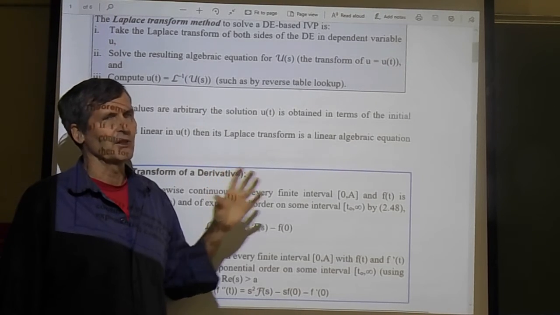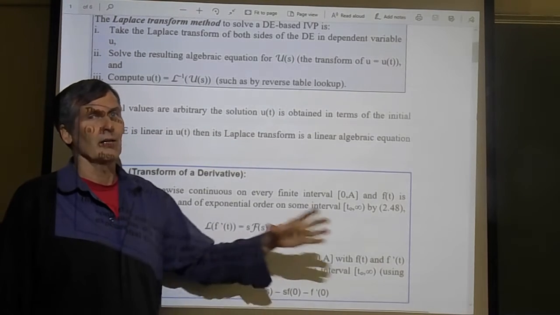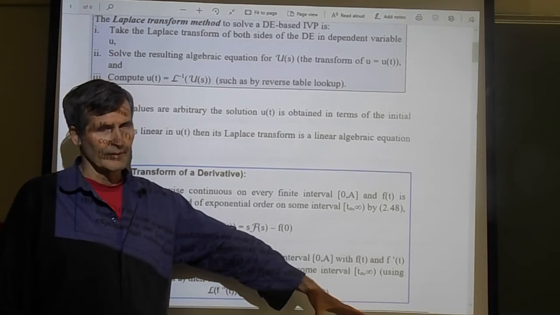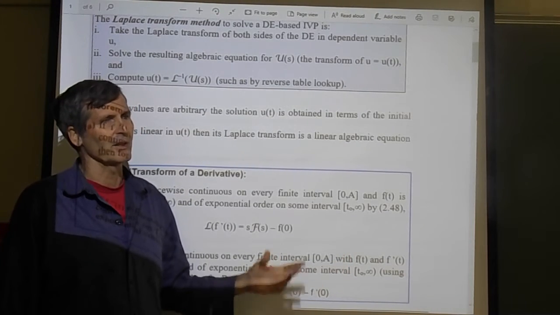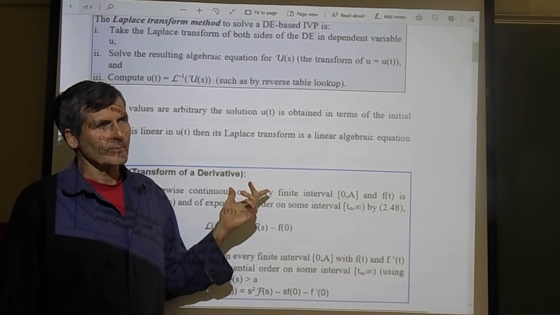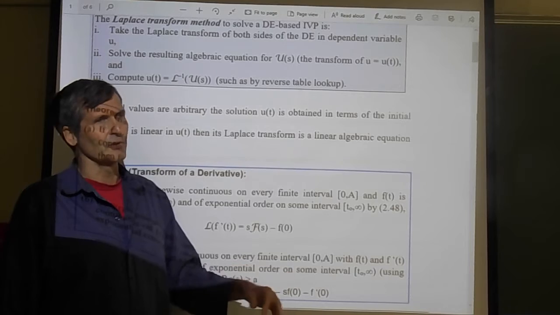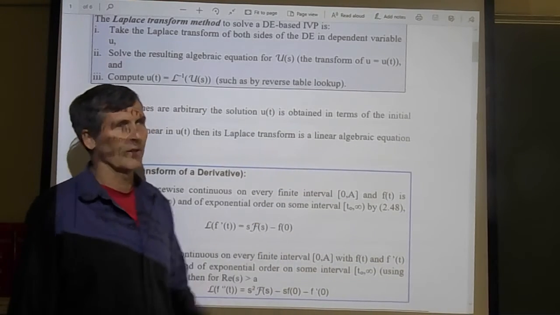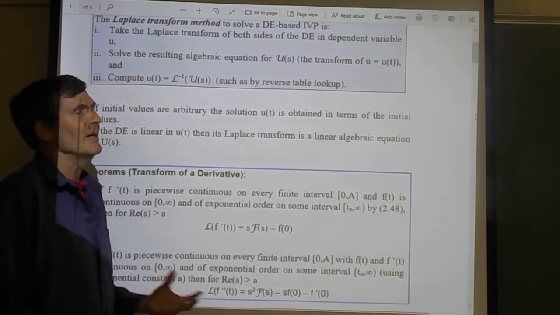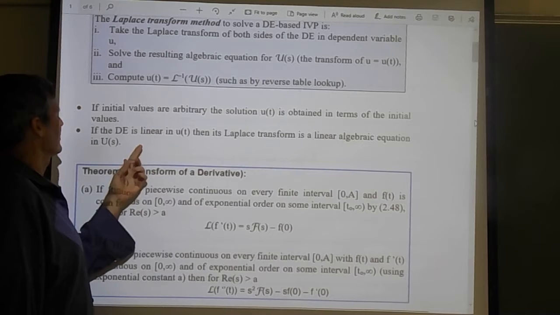You give it a differential equation together with initial values, and it gives you back the unique solution for a nice differential equation that has a unique solution. But if you leave the initial conditions, u(0) and u'(0), as arbitrary numbers, it can give you the solution in terms of those, and then you can see what happens as you change those initial conditions.